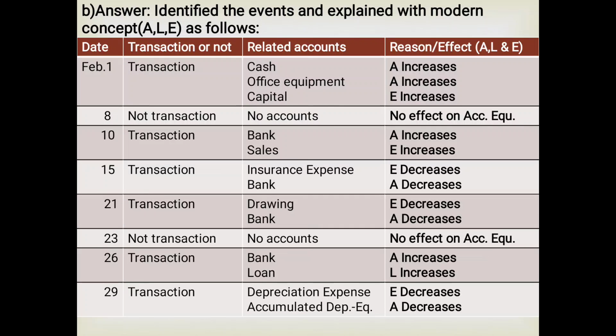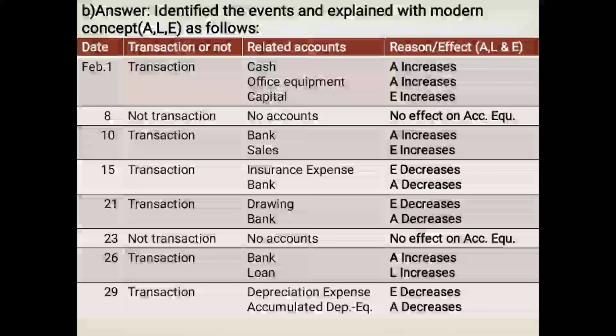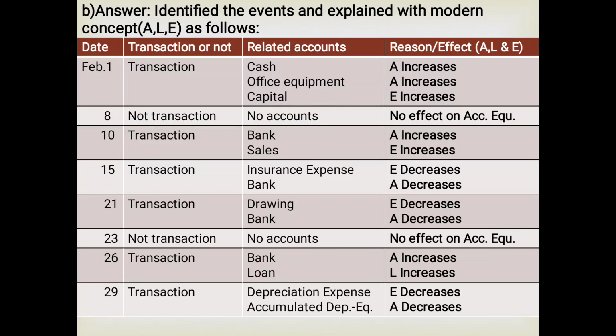February 8, this event is not a transaction, so it has no accounts, so it has no effect on the accounting equation. You know, this is the very easiest answer in this creative question.